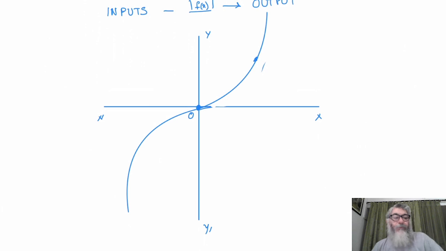So wherever I take a point on the graph and draw a perpendicular on the x-axis, the complete x-axis will be covered. So the domain is the set of real numbers.